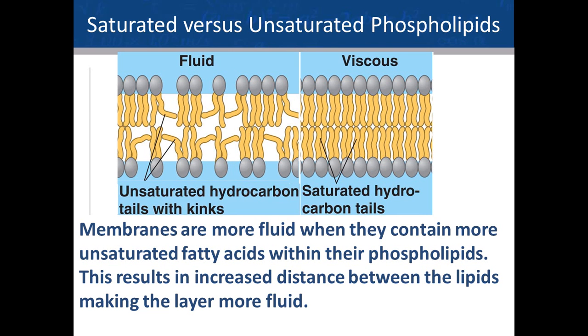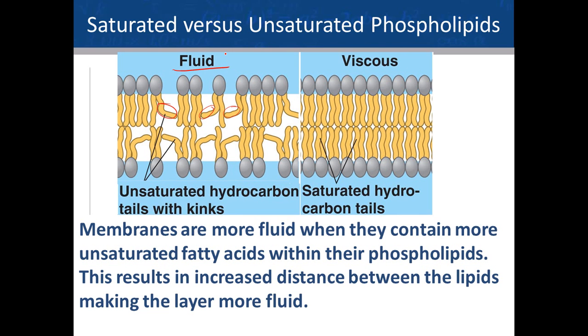and those implications. If it's an unsaturated phospholipid, it means that those tails have little kinks in them, and those little kinks cause the phospholipids to be a little further apart from one another. And when things are a little further apart, they're more fluid, if you will.